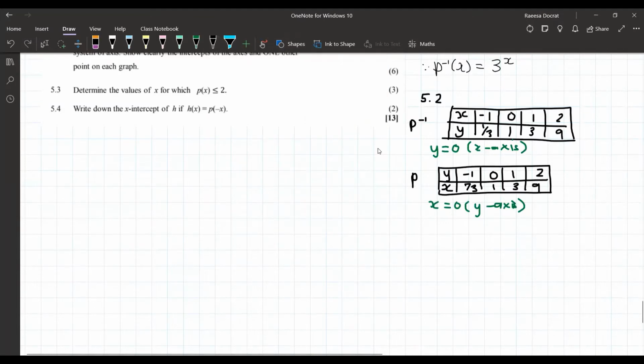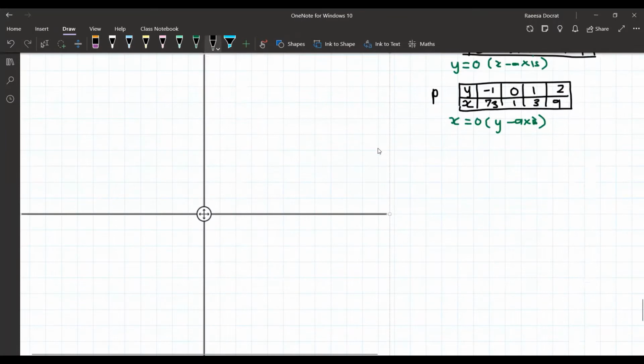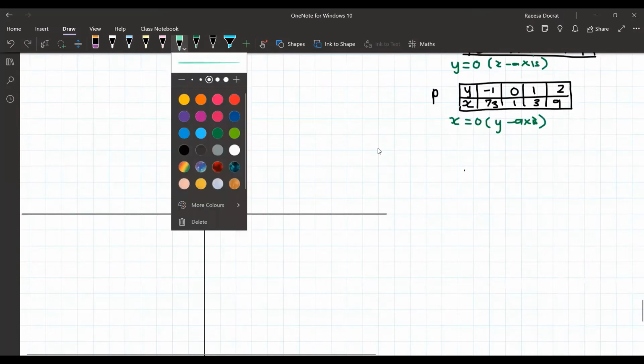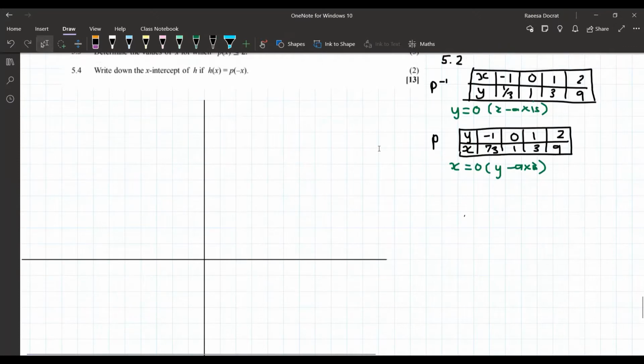So putting in our axes. Okay, so I'm going to draw p inverse first. So for p inverse, let's just put our points. This is minus 1, 0, 1, and 2.